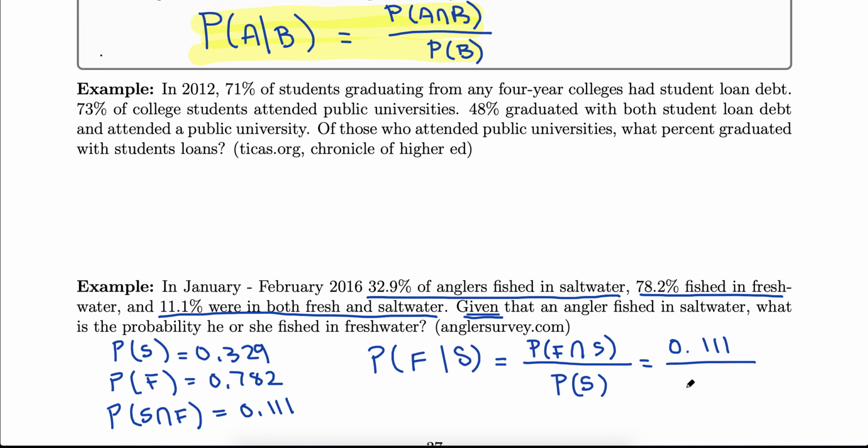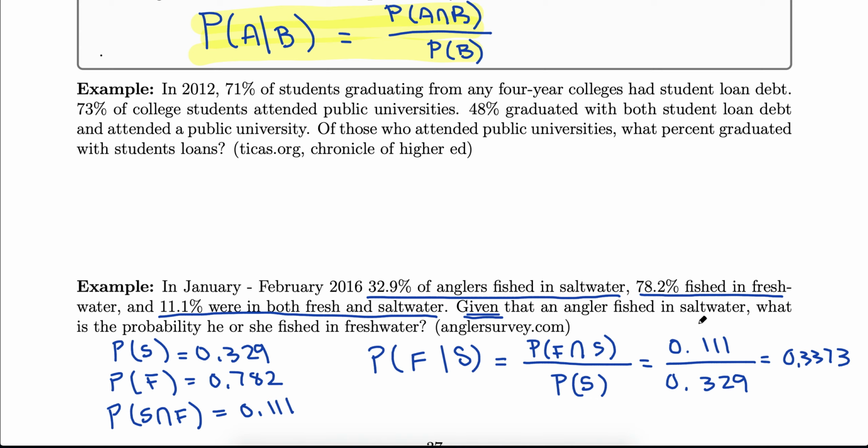The salt was the 0.329. If you work that out, you're going to get something like 0.3373 if you round to 4 decimals. And if you had this flipped around, you would know something was wrong, for example, because you'd get a number bigger than 1. So look for all those clues.